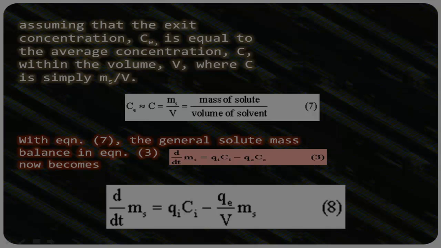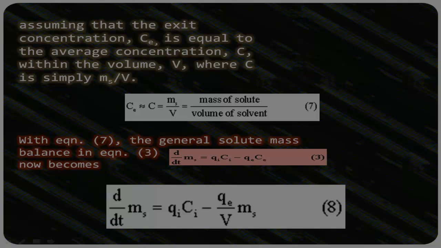Even with known volume and a formal relationship for Qe as a function of V or Ms, equation 3 still has two unknowns, the mass of solute and the exit concentration, which are Ms and Ce respectively. We somehow must introduce another constraint equation to resolve this. That is, we must relate the exit conditions of the fluid to the average conditions within the CV.